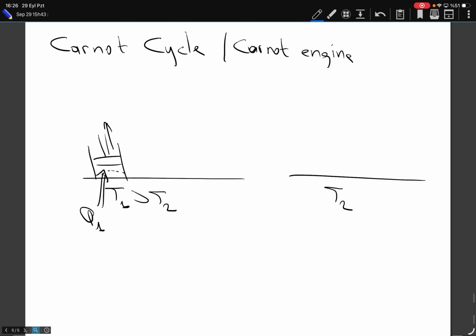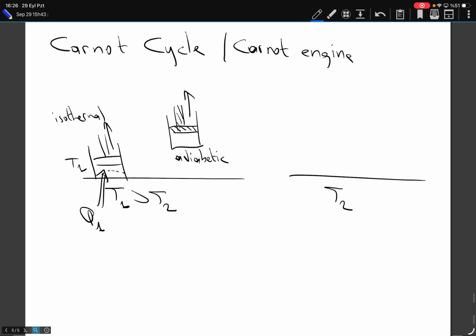Then I isolate it after some time. During this time, its temperature is T1. I let it expand in this isolated mode in an adiabatic process. This is isothermal. This is adiabatic.